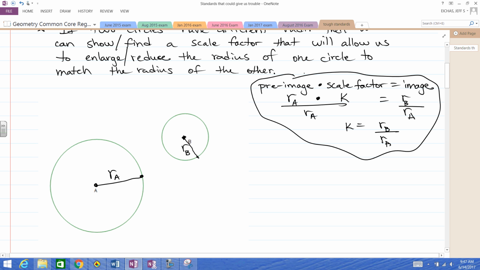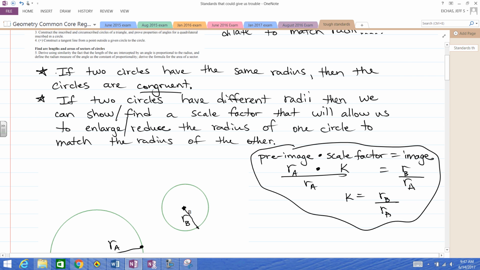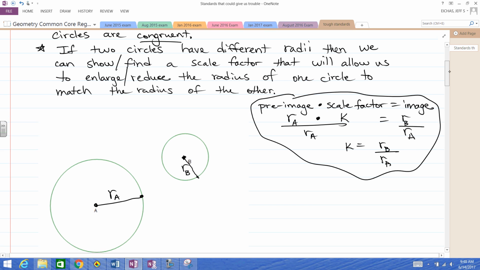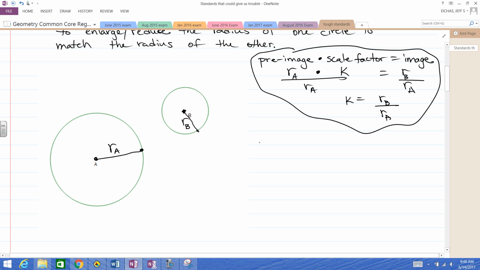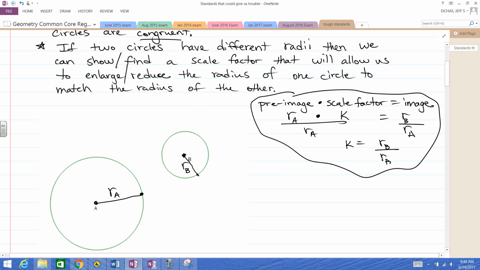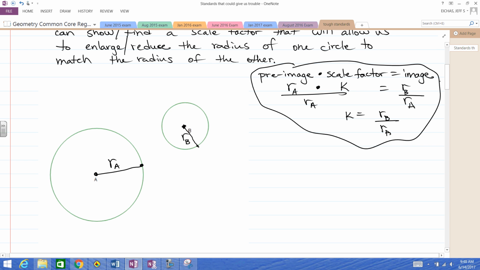Now I'm showing all this work, and I'm slowly gaining points. I've communicated what I know, and the more information that is accurate that I can give, the more points I'm earning. All right, what we can do is continue with this.